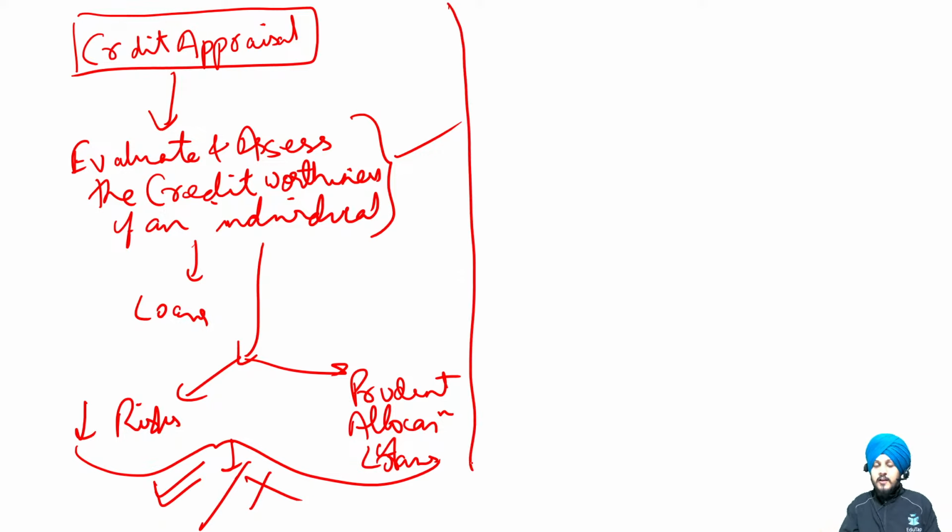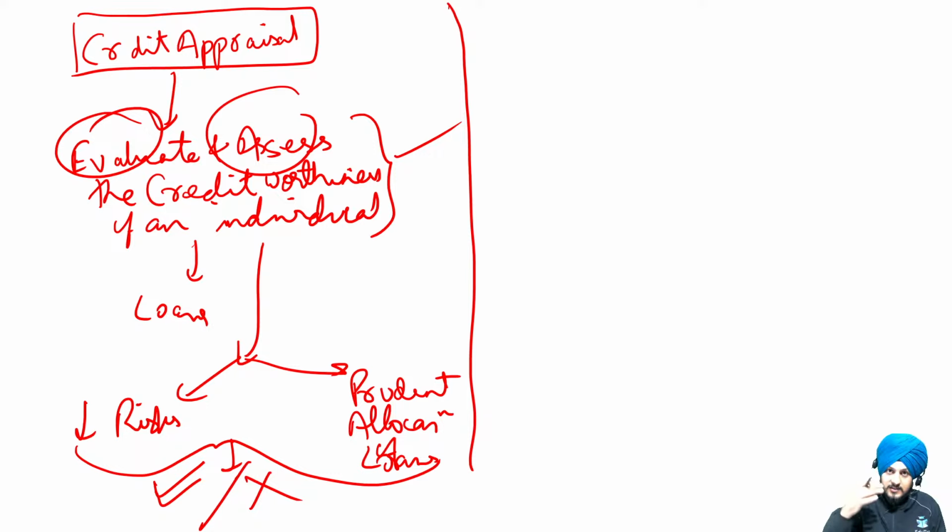Now the thing about credit appraisal is that while the bank assesses and evaluates your credit history, they need to have access to certain documents, and in order to get this information regarding you, they have to contact different entities.